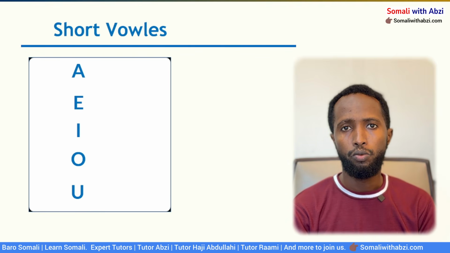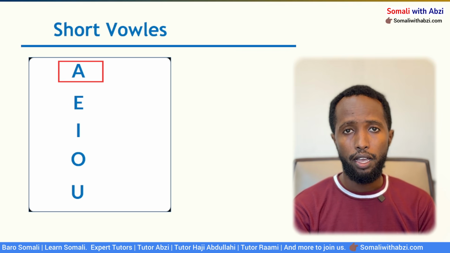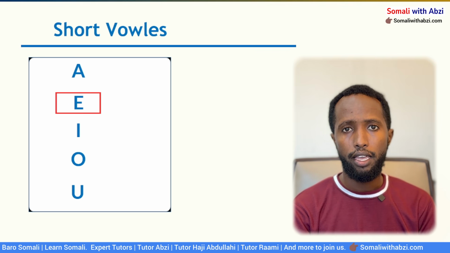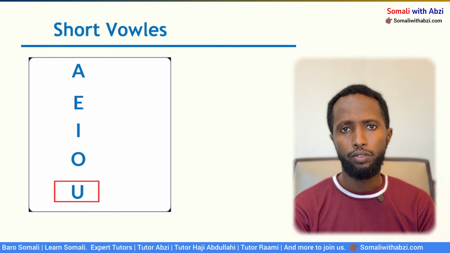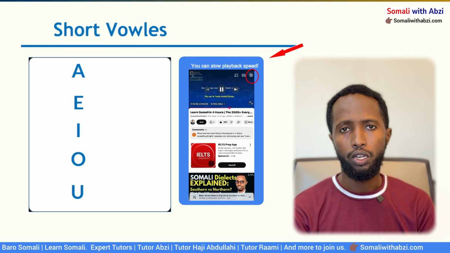In Somali, we divide the vowels into two types. The first one is short vowels, which we make very short. Let's see it: A, E, I, O, U. And the good thing is Somali vowels are always the same. They never change like in English.